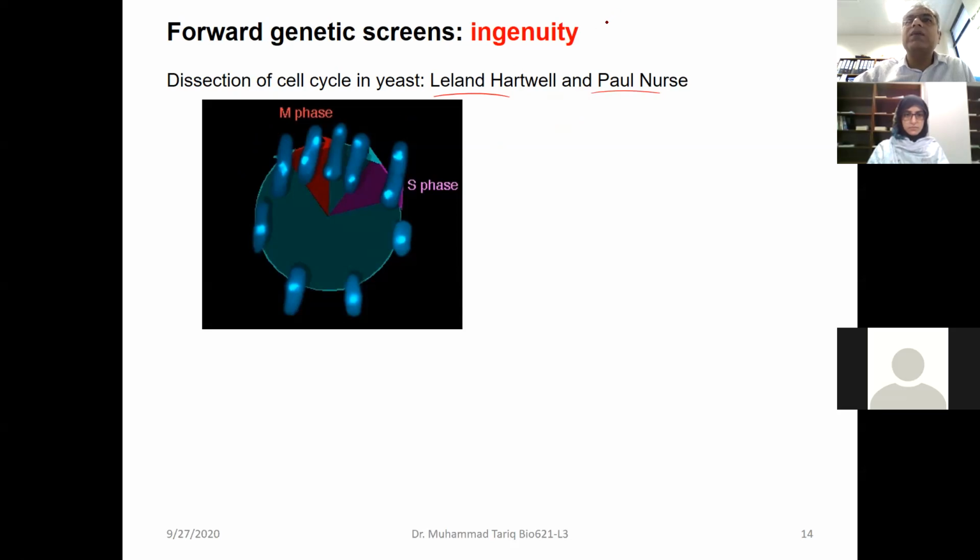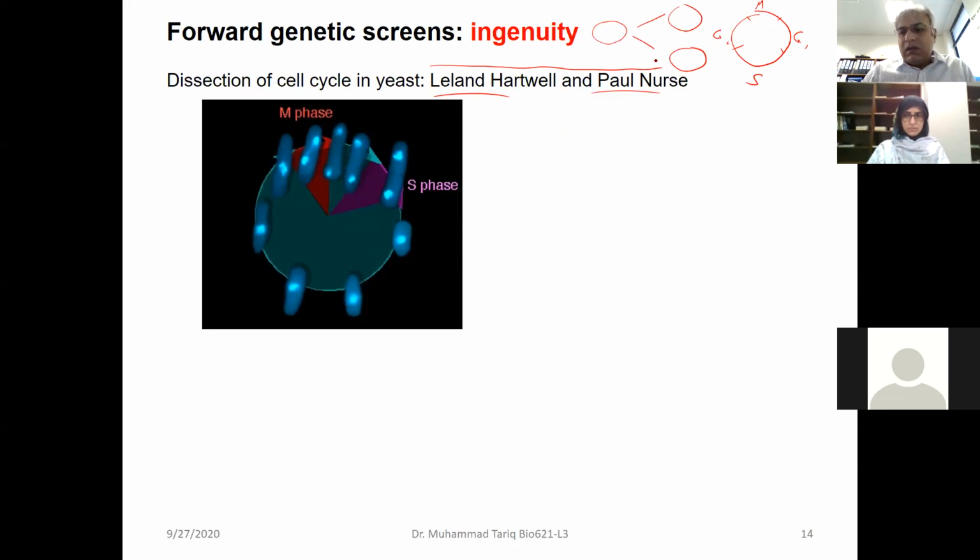Normally, you cannot do such a screen because one cell, after cell division, goes to two cells, and we know in the 21st century that this happens through the cell cycle, G1, S, G2, M. So this whole cell cycle we owe to discoveries by the Hartwell and Paul Nurse screens.